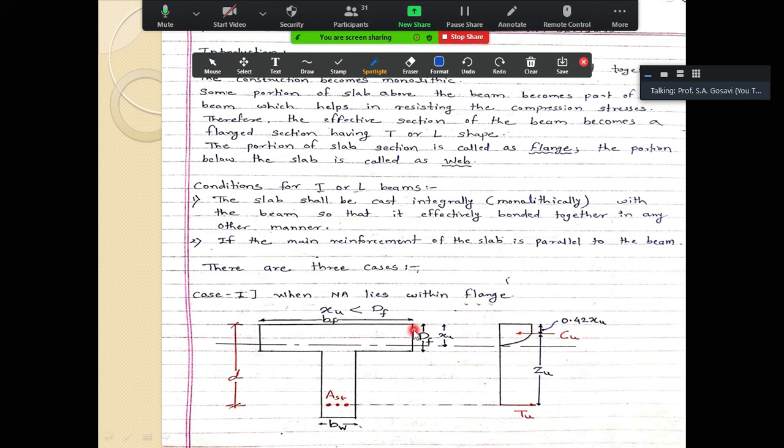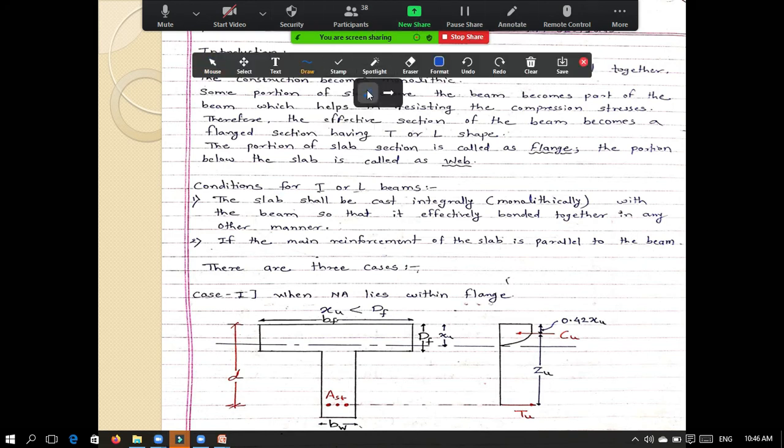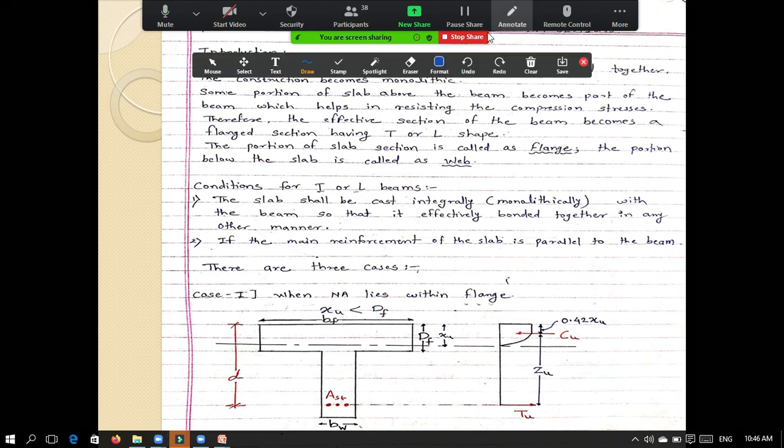This is the width of the flange. This section is nothing but your flange section, and this section is the web.